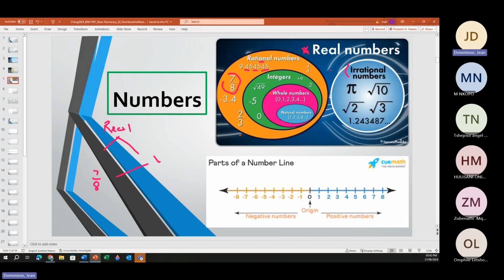Is it an integer? No, because integers need to be whole numbers. They can be positive or negative, but they need to be whole numbers. Is 7/8 a whole number? No, because whole numbers are 0, 1, 2, 3, 4. Is it a natural number? No, but it is a fraction.